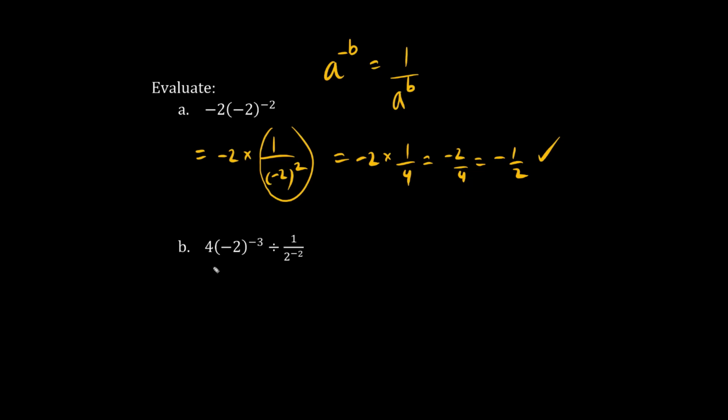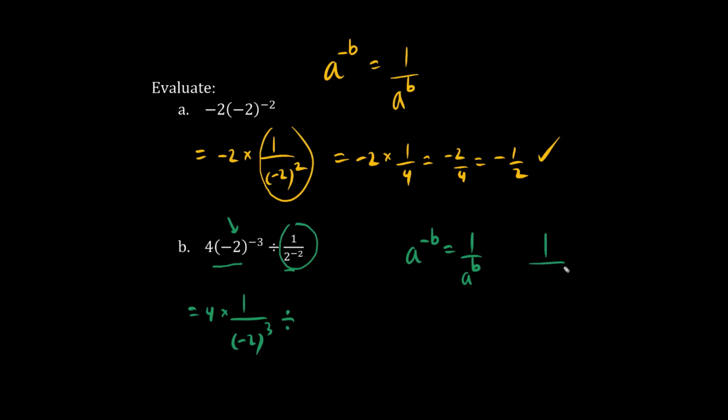Again, we're going to focus on one part at a time, and we're going to respect BEDMAS, really focusing on this exponent before we multiply by 4. So we have 4 times 1 over the base to the +3. And we're going to divide by this part here. Now recall that when we have a to the -b, this becomes 1 over a to the b.